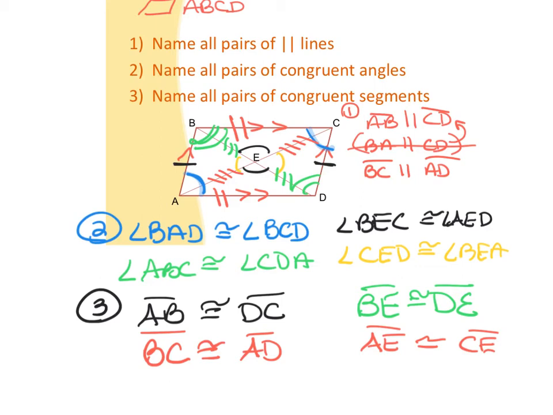So those would be all of your congruent segments: the two pairs from the diagonals, and then the two pairs from the opposite outside edges of my parallelogram.